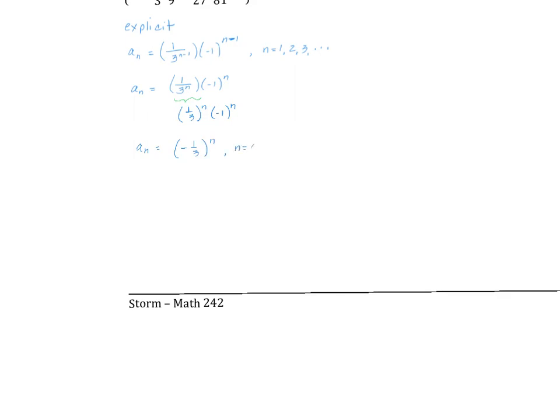And here n is equal to 0, 1, 2, and so on. So you see that it's not a unique formula. And again, this is just an explicit formula. And I've already given two different formulas just by changing the index.